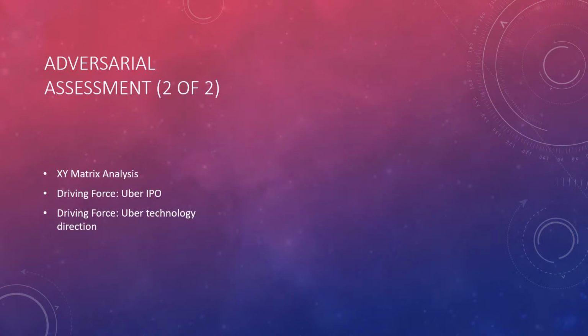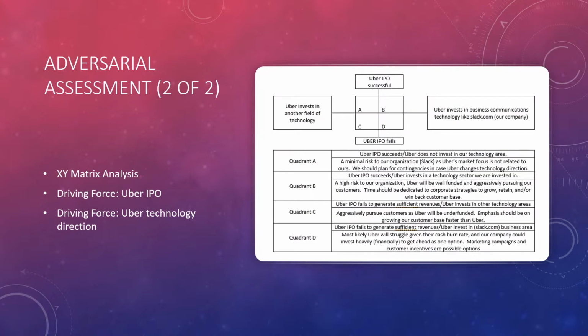We conducted an XY matrix analysis of Uber's current market direction using the driving forces of the Uber IPO and the Uber investment in technology in terms of the direction they're heading in.